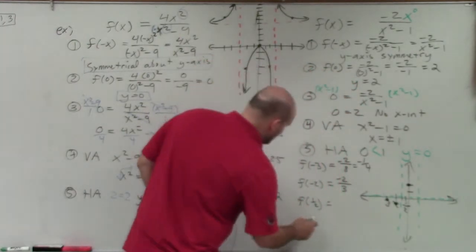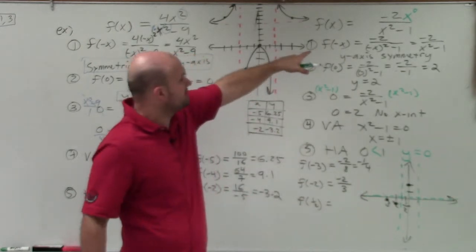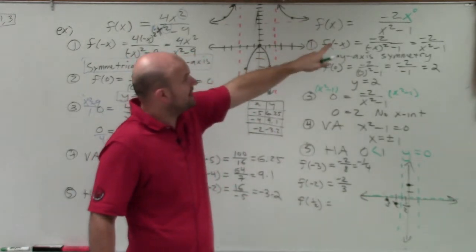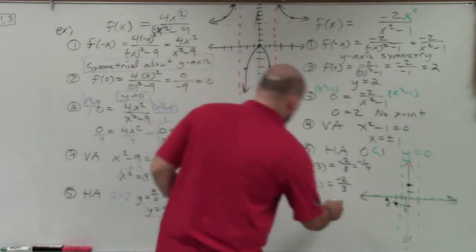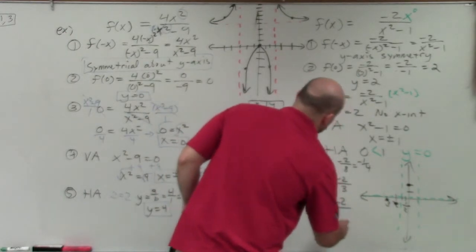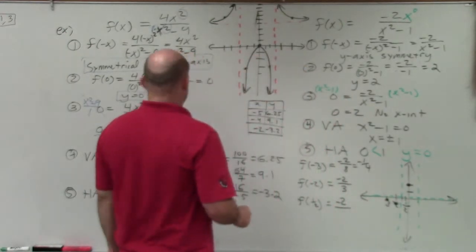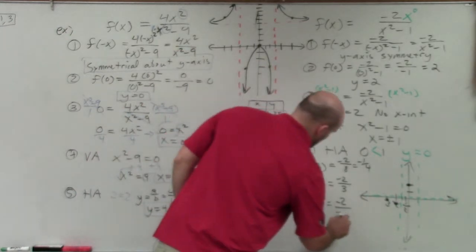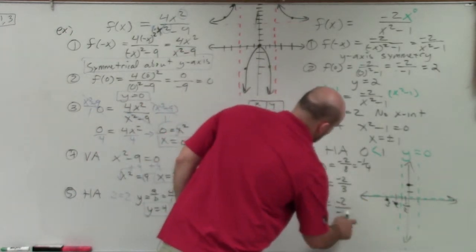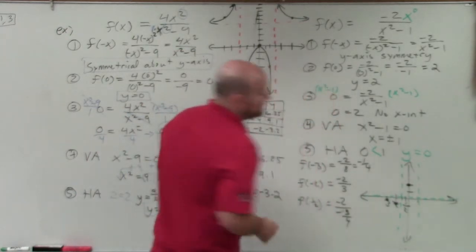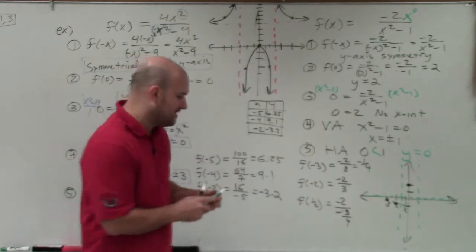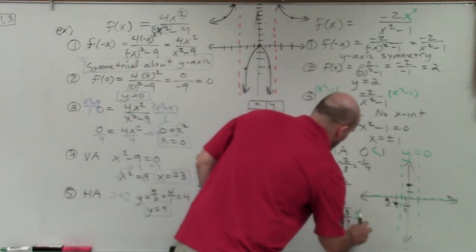And then let's do f of 1/2. So 1/2 squared is going to be 1/4. 1/4 minus 1 is going to be negative 3/4. So I have a negative 2 divided by negative 3/4. If you remember in my first video, how do you get rid of the fraction in the denominator? Multiply by the reciprocal.